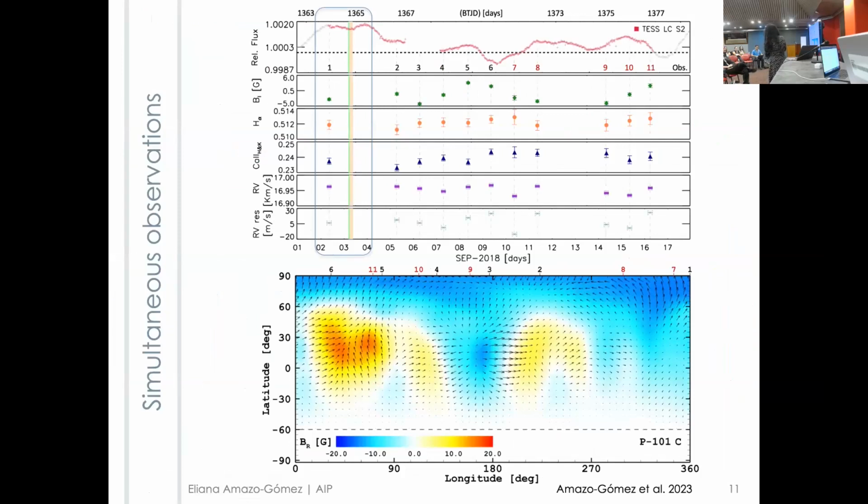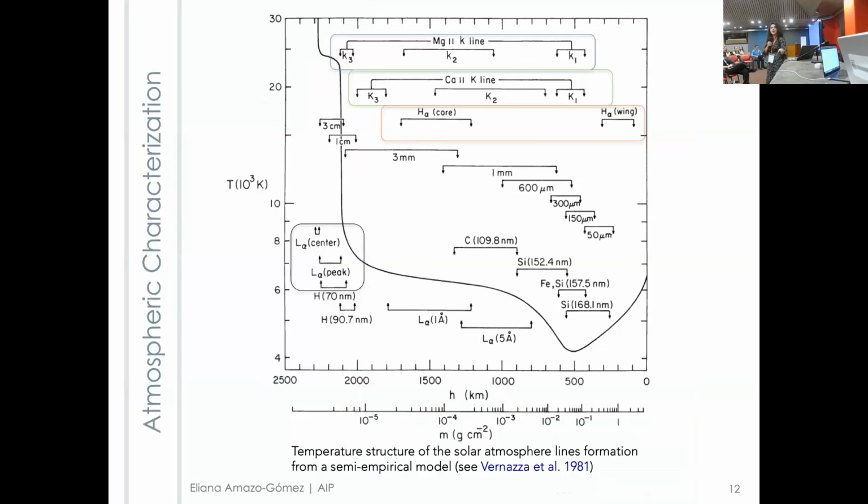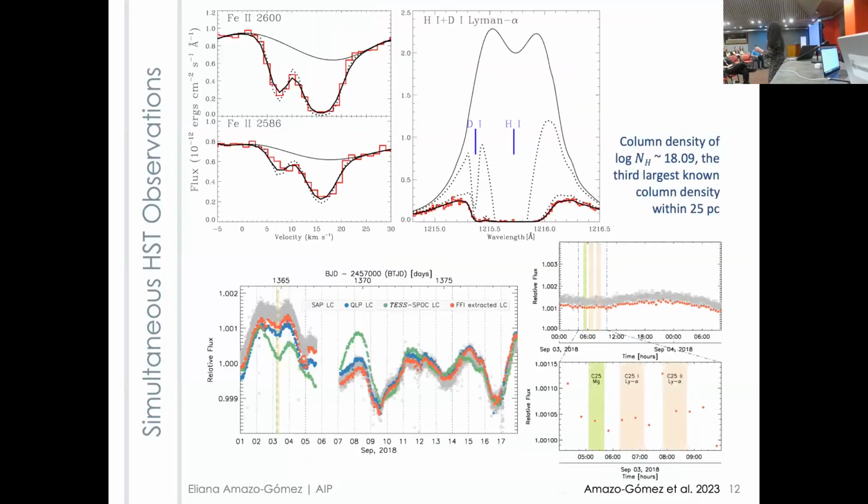We were also able to retrieve the map of the season. This is a magnetic map approximation of the star. We also analyzed different lines, giving us analysis of the photosphere, the chromosphere, the transition region, and the corona too. We wanted to also constrain the astrosphere of the star with Lyman alpha, but unfortunately, the whole line was extinguished due to the column density in the line of sight of the star.